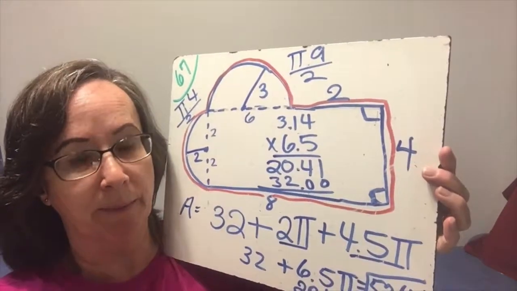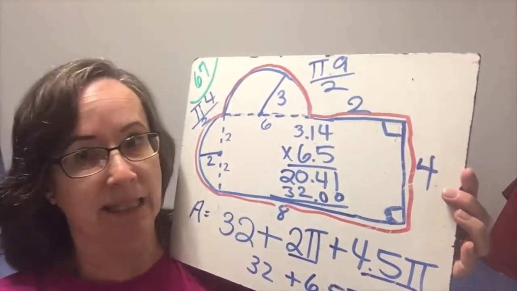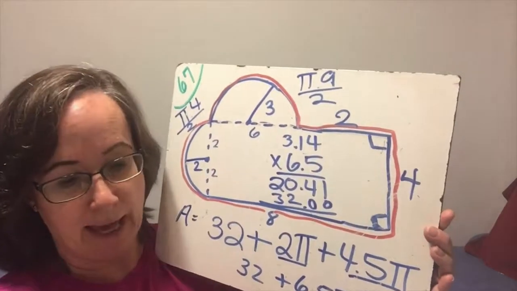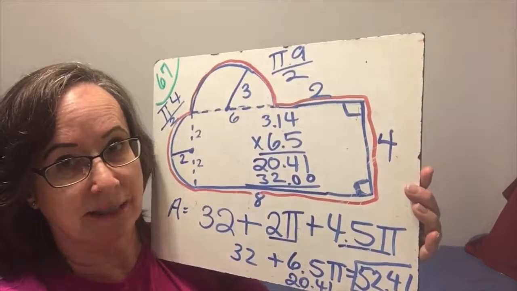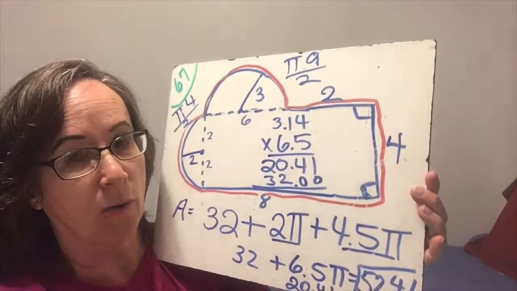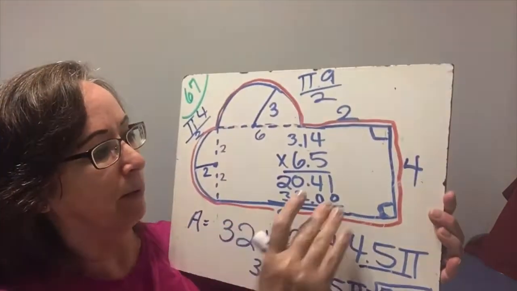Now, I forgot. We're supposed to be putting units on these. So on your perimeter, they said that this one was in centimeters. So on your perimeter answer, you should have had centimeters. So tack that on. On this answer, since it's area, it's going to be 52.41 square centimeters. So how would we write that?